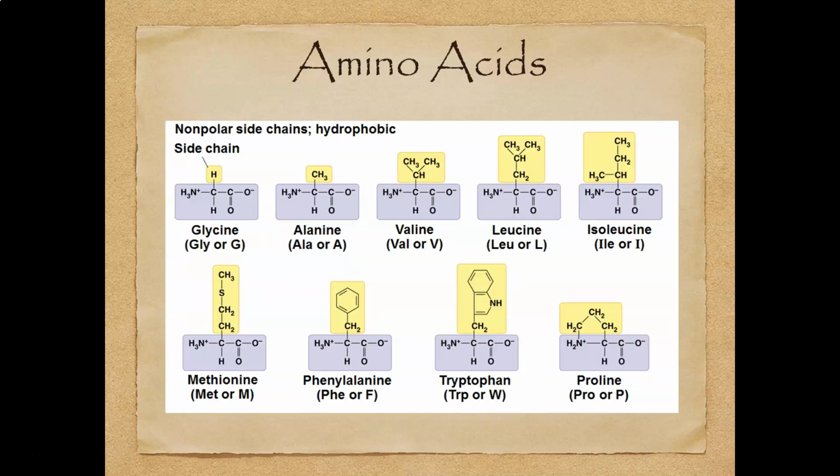Those amino acid side chains get lumped into a set of categories based on the way that they function. This particular set of amino acids has R groups that are all nonpolar, so they're hydrophobic. In the protein structure, these are going to want to bury themselves in the middle of the three-dimensional protein structure because they don't like interacting with water.